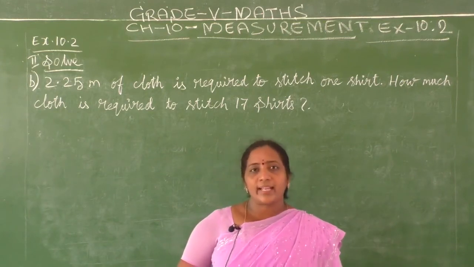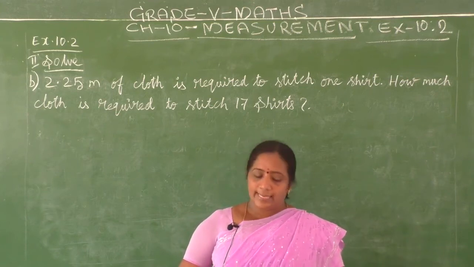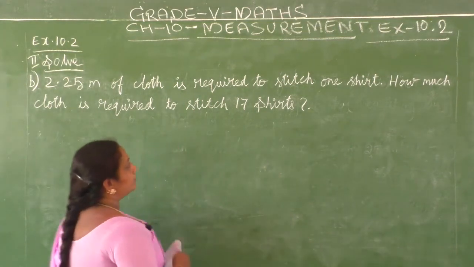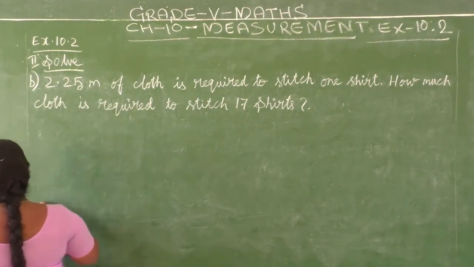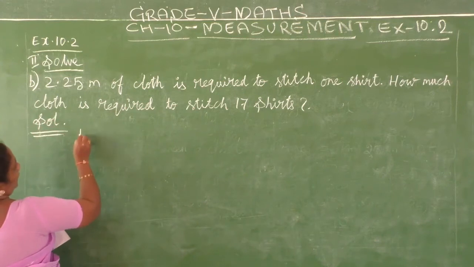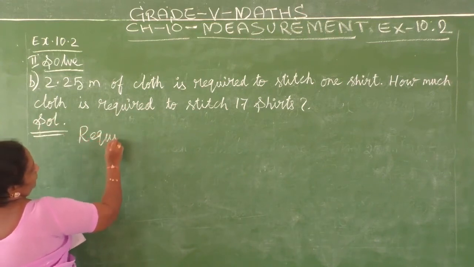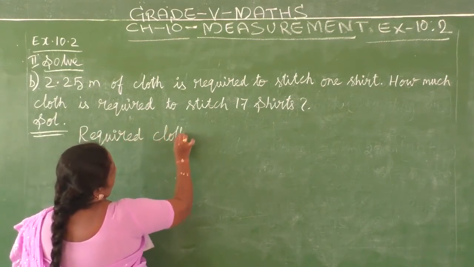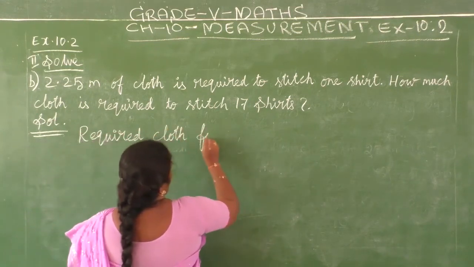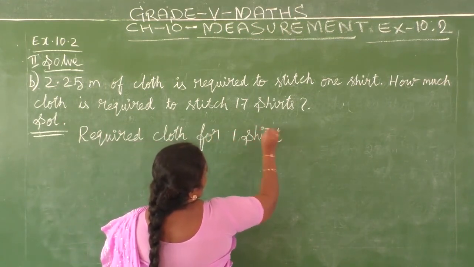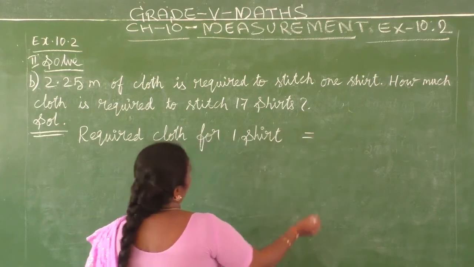How can we find the answer? Yes, by multiplication we can find the answer. Okay, listen. Required cloth for one shirt, 2.25 meter.